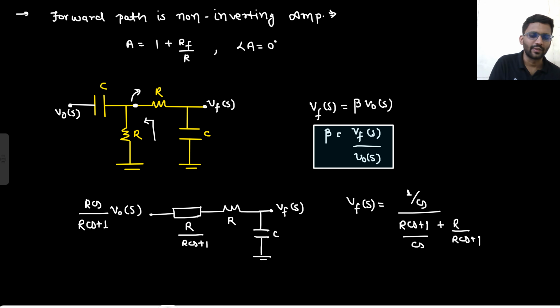So what do you think you will get here? And into V naught S. 1 upon CS upon 1 upon CS plus R upon RCS into this potential.